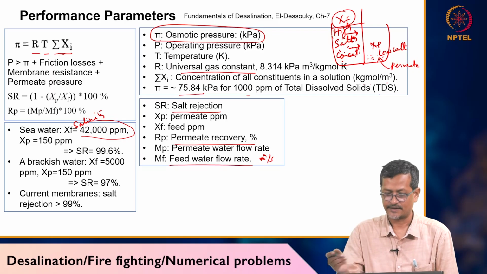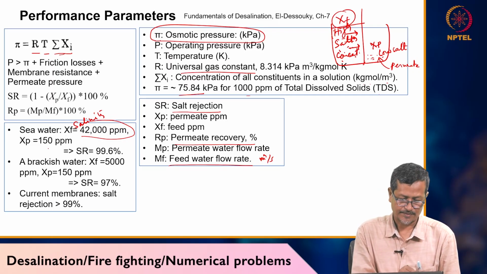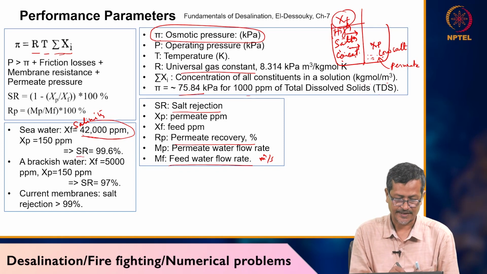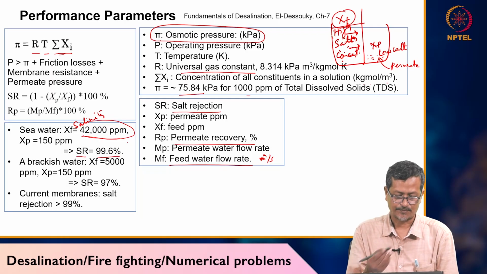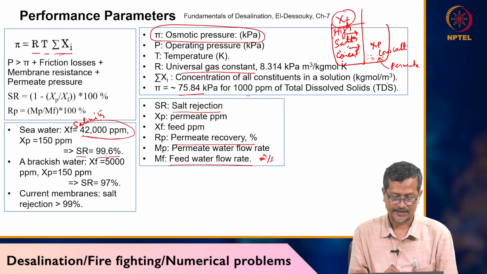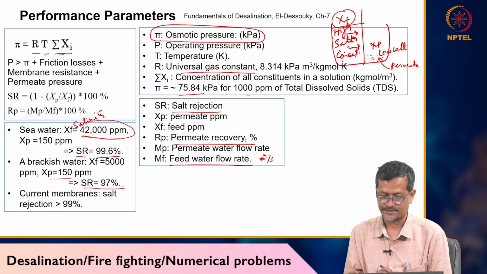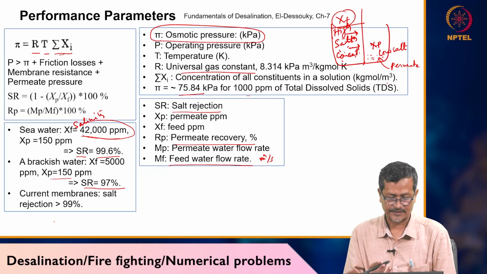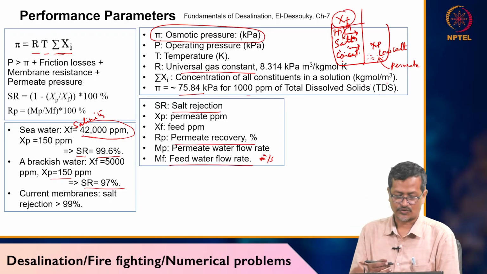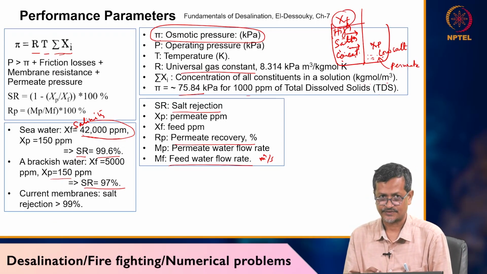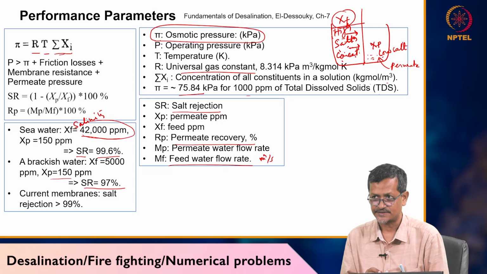The permeate is having 150 ppm and the feed water is having salinity 42,000, so your salt rejection is becoming 99.6%. For brackish water, if you take XF as 5,000 and XP as 150, SR becomes 97%. So currently the membranes can separate about 99% of salt. These are very high performance membranes.